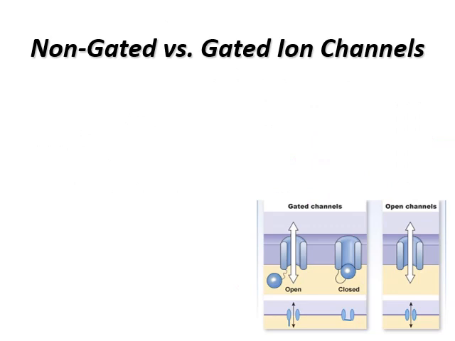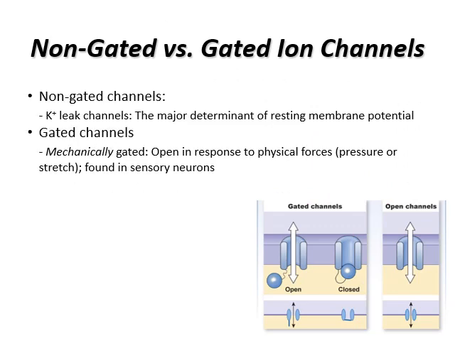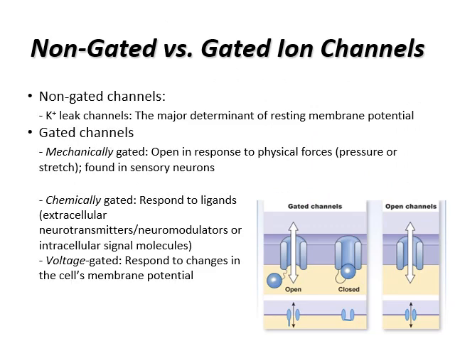Before we move on into how we are going to change that resting membrane potential, how we're going to get that depolarization or repolarization or hyperpolarization, I want to review some of the channels. If you remember, we had non-gated. Those would be channels that are always open.